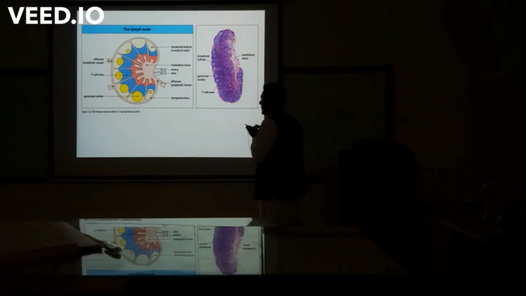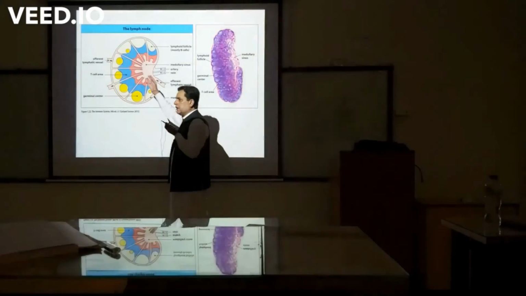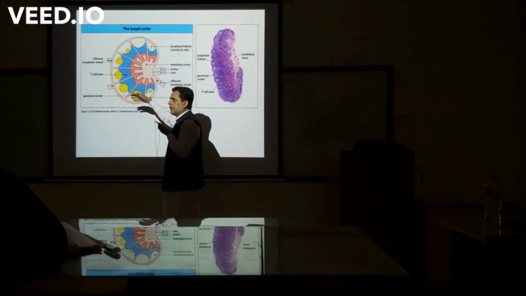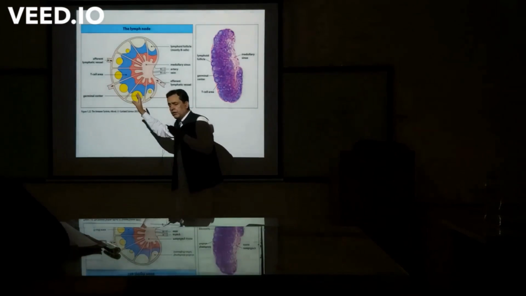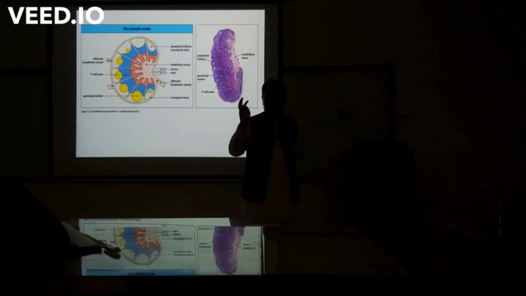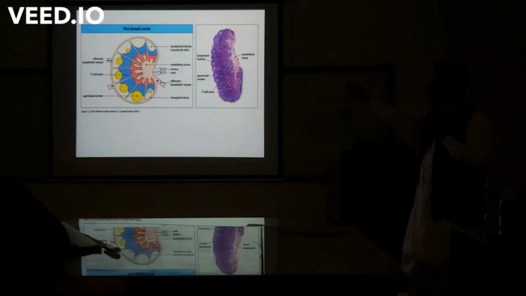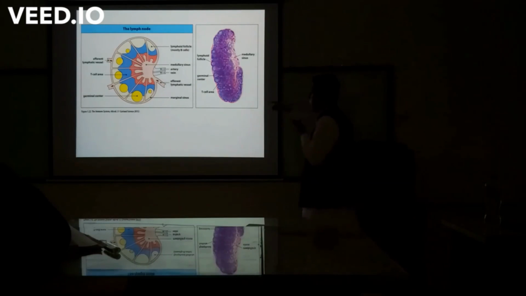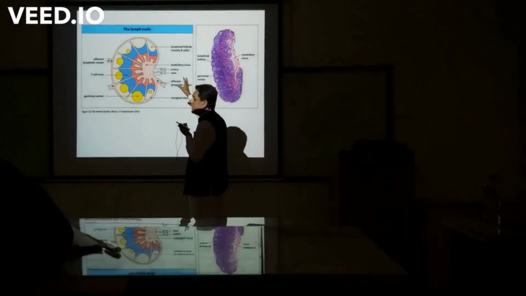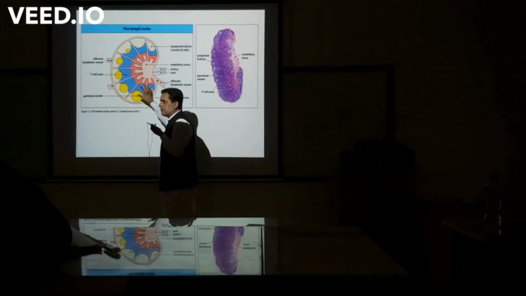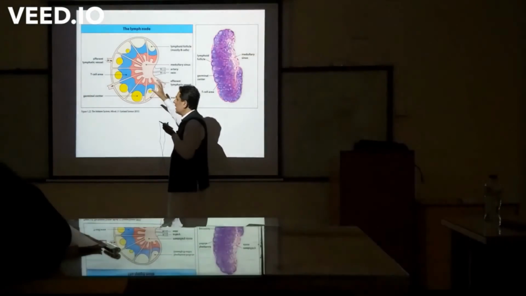So once the pathogen has been transported into the lymph through the afferent lymphatics with the help of who? Dendritic cells or the macrophages, these pathogens are going to come in contact with either the B cells or T cells here, because this is the station for the B cells and T cells.